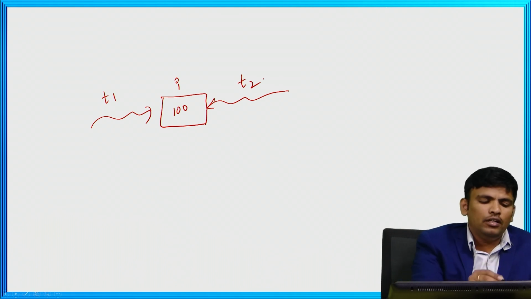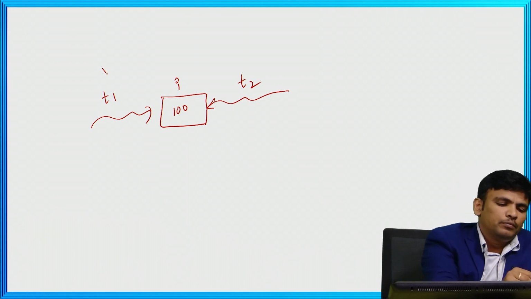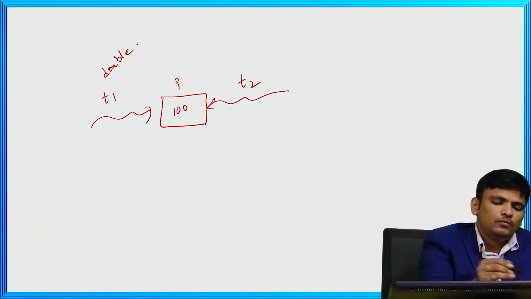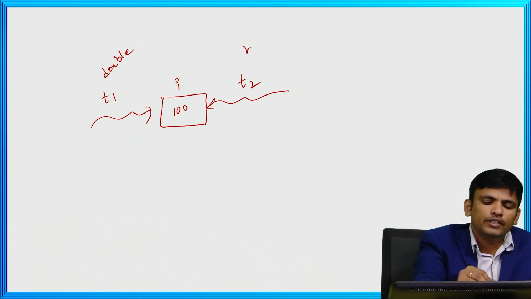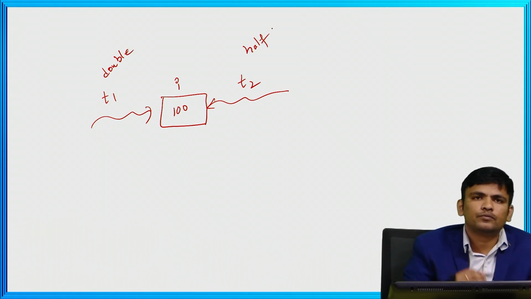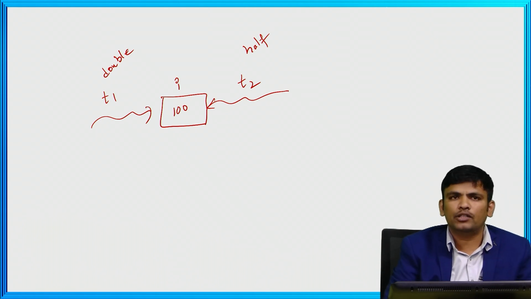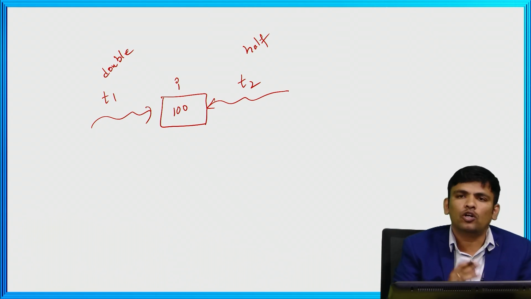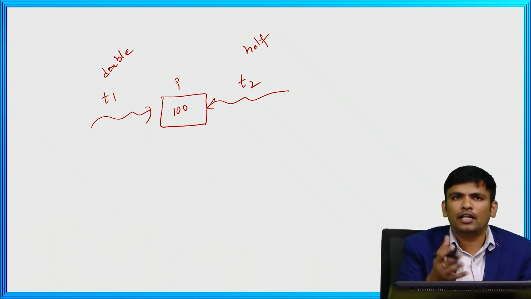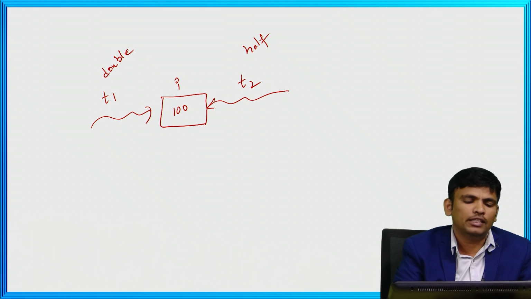T1's duty is to double this value and T2's duty is to halve this value. These two threads will execute on the same resource simultaneously. We cannot predict which thread will execute, and which thread will increment and which will decrement this value. So we cannot predict the exact output here.